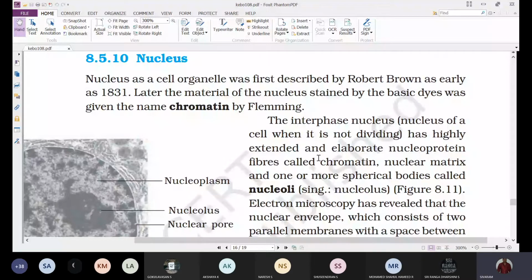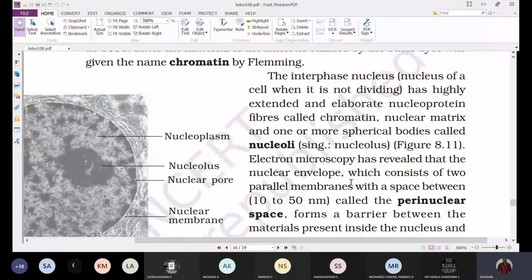And next, the interphase nucleus. The cell cycle is divided into two phases, the division phase and the space between the two division phases, which we call interphase. That means the space between one cell division and the next cell division we call interphase.